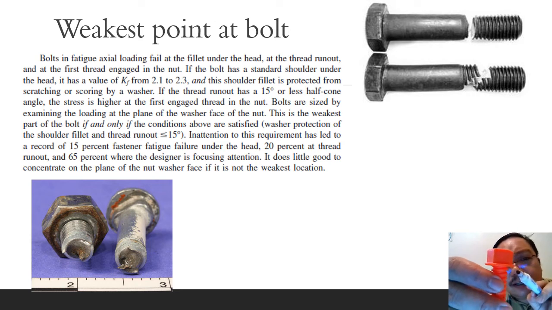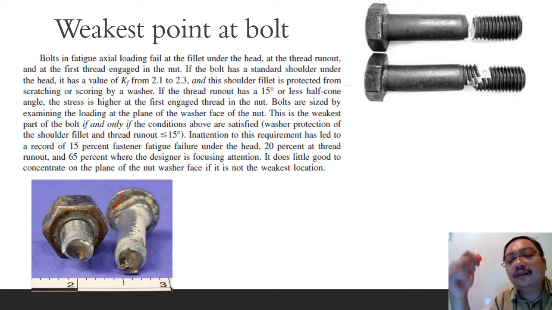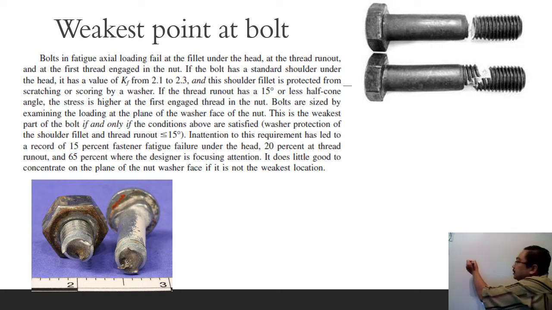First, the standard says the shoulder must have a stress concentration value for K. This is the shoulder. For Kf, it says here in this text, Kf equals 2.1 to 2.3, meaning that it's relatively sharp.